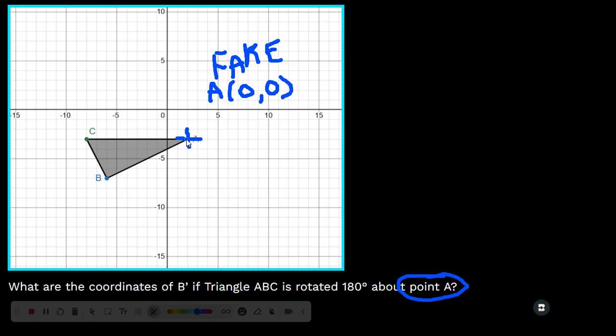So we know A is going to be our fake origin point. And now in order to find the location for B and C, we need to use something like vector notation in my mind. We need to find how far away and in which direction they are located from this fake origin point. So where is our fake B point? Well, we're going to start from here, and we are going to go left. So we're going to go in the negative direction, and let's go ahead and count. 1, 2, 3, 4, 5, 6, 7, 8.